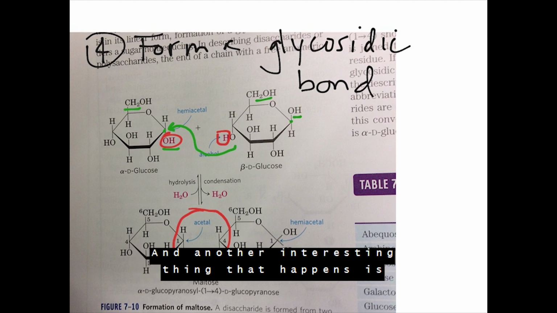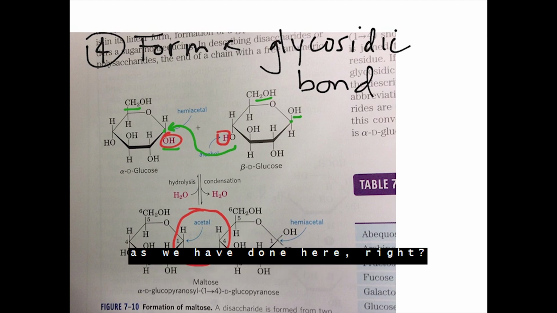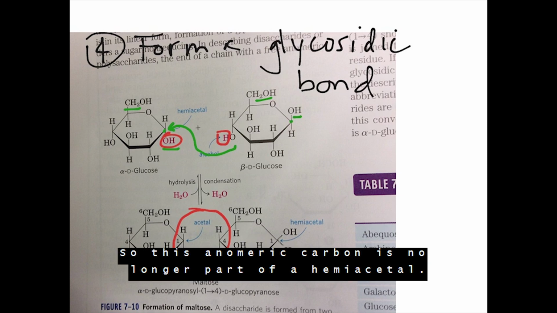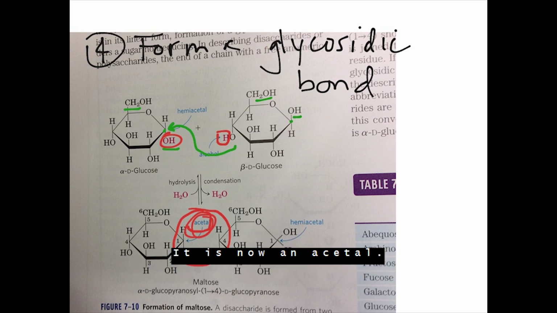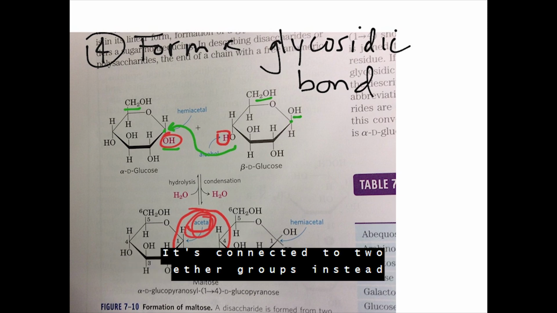Another interesting thing that happens is that if you block the anomeric carbon, as we have done here, this anomeric carbon is no longer part of a hemiacetal. It is now an acetal. It's connected to two ether groups instead of an ether group and a hydroxyl group. When you block this anomeric carbon, you no longer have a reducing sugar.